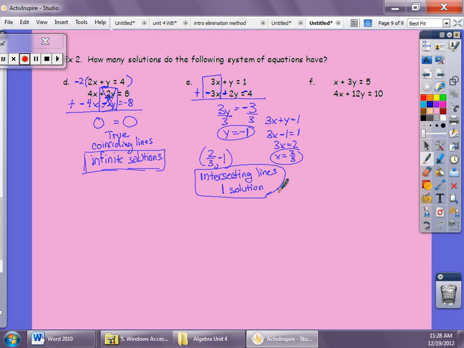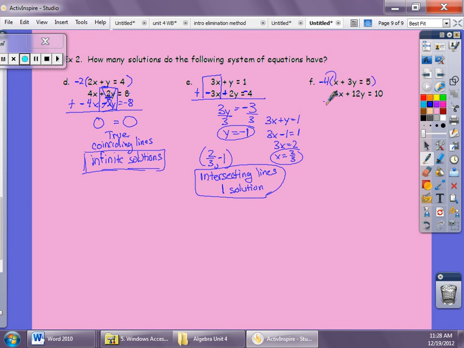And now when we look at F, once again, the x's are lined up, the y's are lined up. So what we want to do is box something out. I'm going to box out my x's, so I'm going to multiply the entire thing by negative 4. So I will match up my x's, 4 and 4.